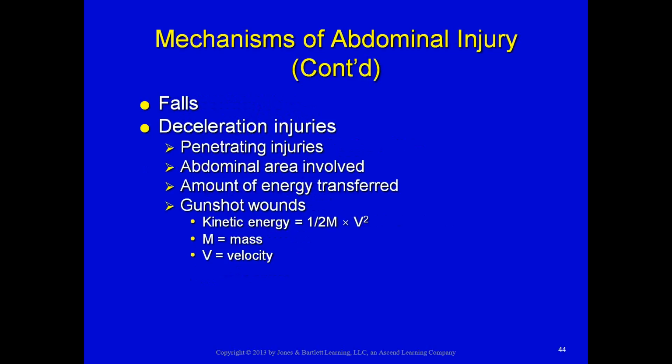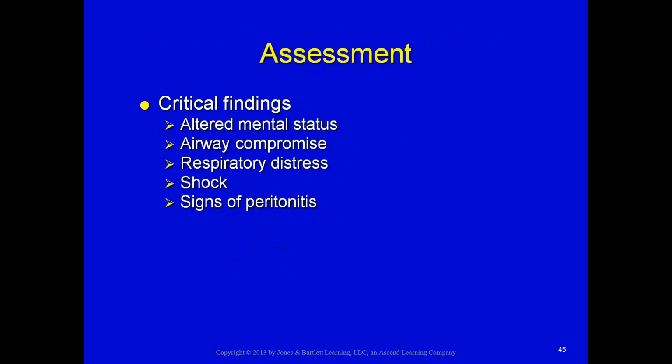And since velocity is squared, the speed is really the important factor here, because you're only taking half the mass, but you're taking the velocity times itself. So any increase in velocity doubles or quadruples the kinetic energy that your body is exposed to. So the speed of the projectile, as in the case of gunshot wounds, is far more damaging than the weight of the bullet itself.